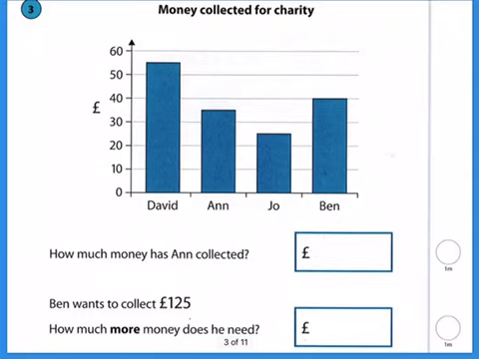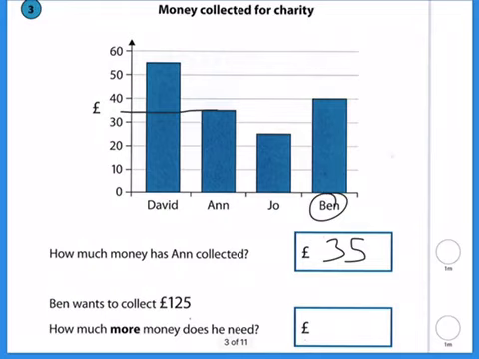So Anne has collected that much, so that's 35, halfway between 30 and 40. And then Ben, he wants to collect 125. How much more money does he need?